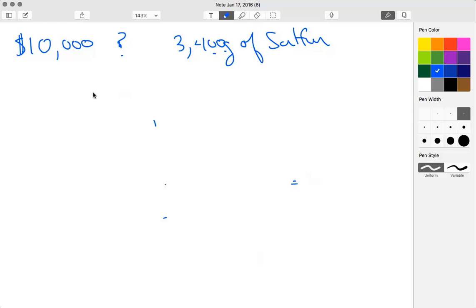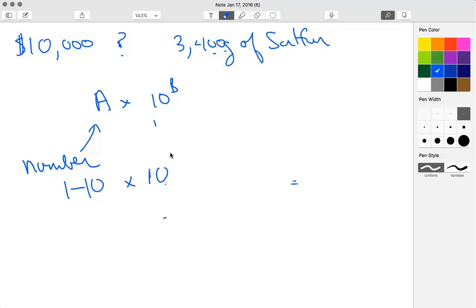Let's just call this number A times 10 to the B. This is the exponent here, and this is the number. The number in this case is always between 1 and 10, and it's times 10 to some other power. B is always an integer, a counting number. It can be a positive or negative whole number.